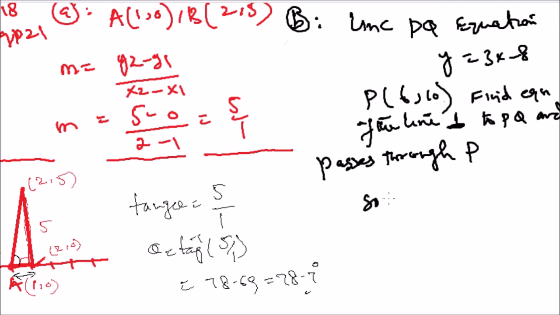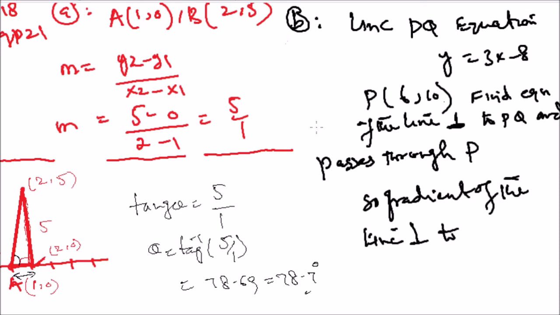So the gradient of the line perpendicular to PQ will be what? The reciprocal of the PQ gradient but with the opposite sign, minus 1 upon 3.